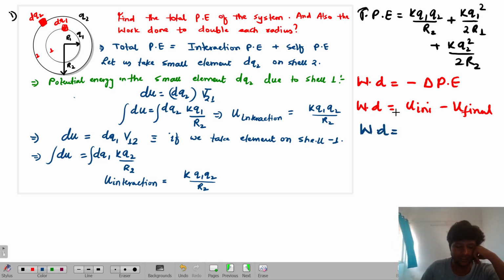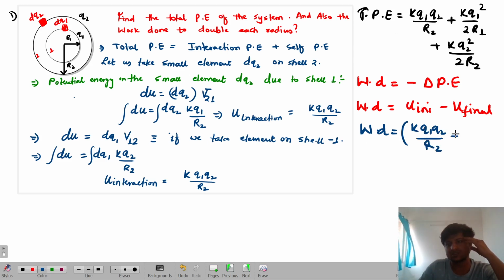U initial. How much is U initial? Initially my radius was R. So potential energy initially was K Q1 Q2 by R2 plus K Q1 square by twice R1 plus K Q2 square by twice R2.